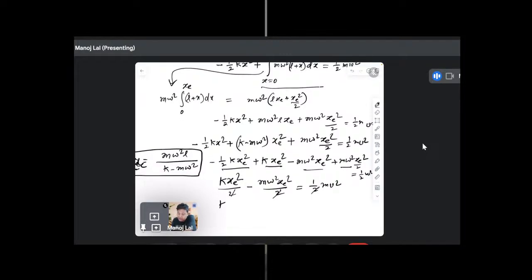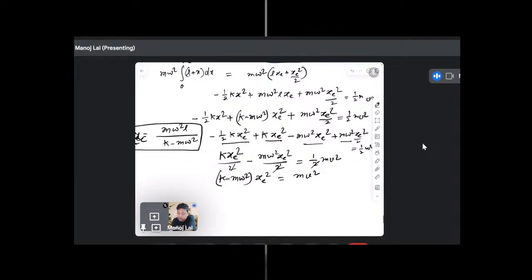So this will be k minus m omega square into xe square is equal to mv square. And let me put the value of xe square in this. So this will be m omega square L upon k minus m omega square.